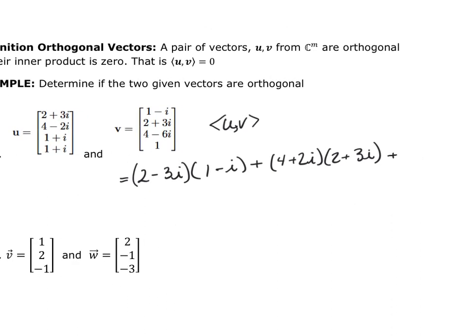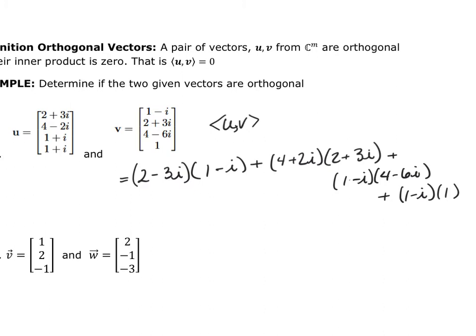And then plus my next one, which will be 1 plus i, multiplied by, that should be the conjugate, so 1 minus i, and then 4 minus 6i, and then lastly plus the 1 minus i again, multiplied by 1.